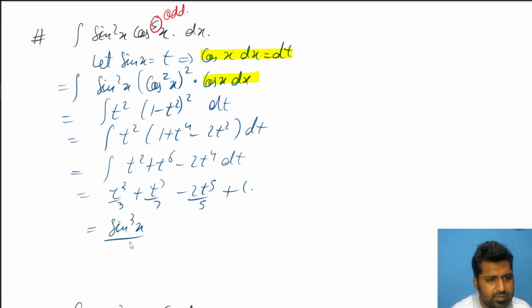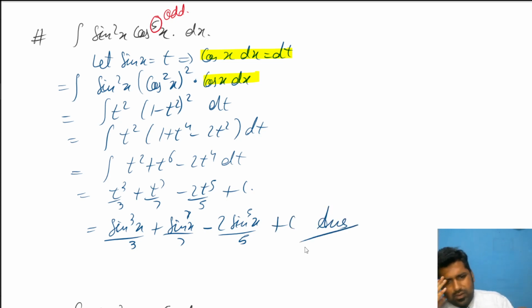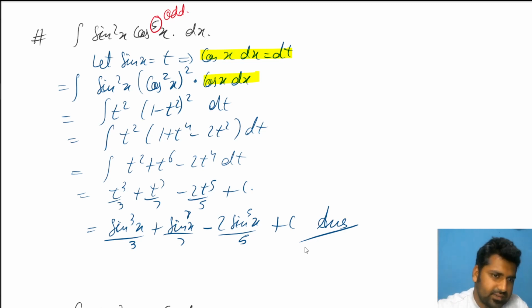So sine cube x by 3 plus sine x raised to power 7 by 7 minus 2 sine x raised to power 5 upon 5 plus c, of course. This is the benefit of learning the formats. You cannot recall so many questions, but you can recall formats.